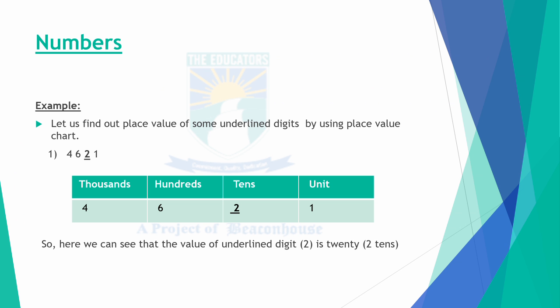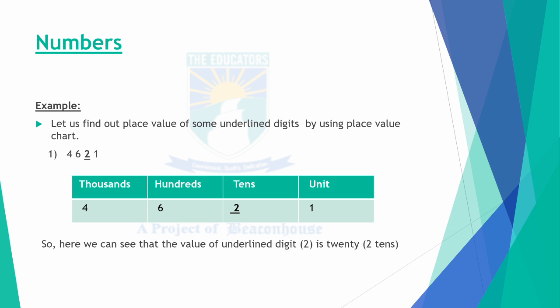Then we would find out place values of different numbers by using the place value chart. First, we have the number 4621. From this number we have to find out the place value of the underlined digit. We are going to simply put this in the place value chart, starting from the right side. 1 is at the unit place, so we are going to put it on the unit place.